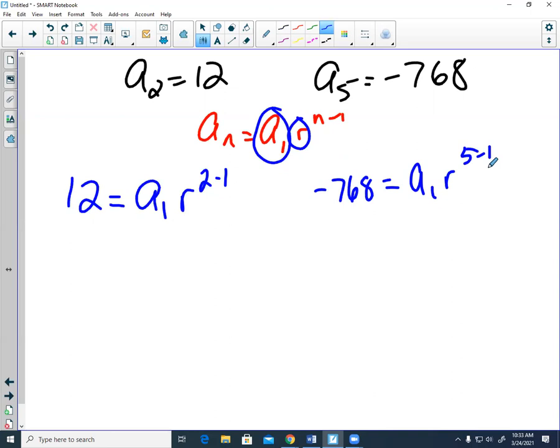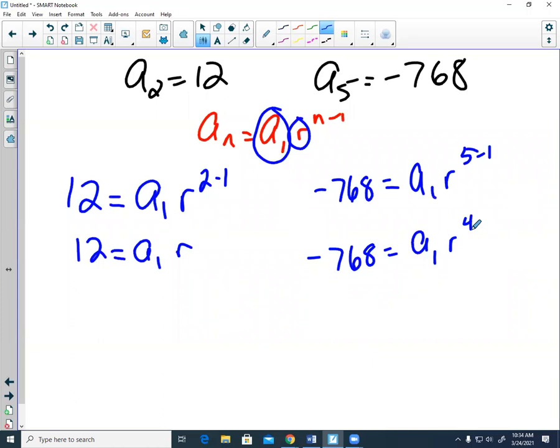Now again, there's one step of simplification to make at this point. So it's going to be 12 equals a1 times r. And then this one is going to be negative 768 equals a1 times r to the 4th power. Now, if you remember way back to when we talked about exponential equations, I actually talked to you about how to solve these things.